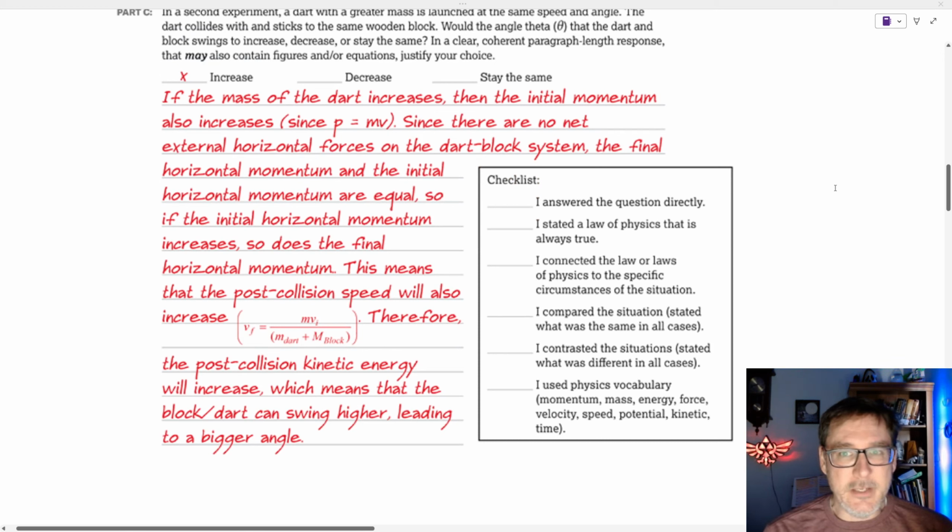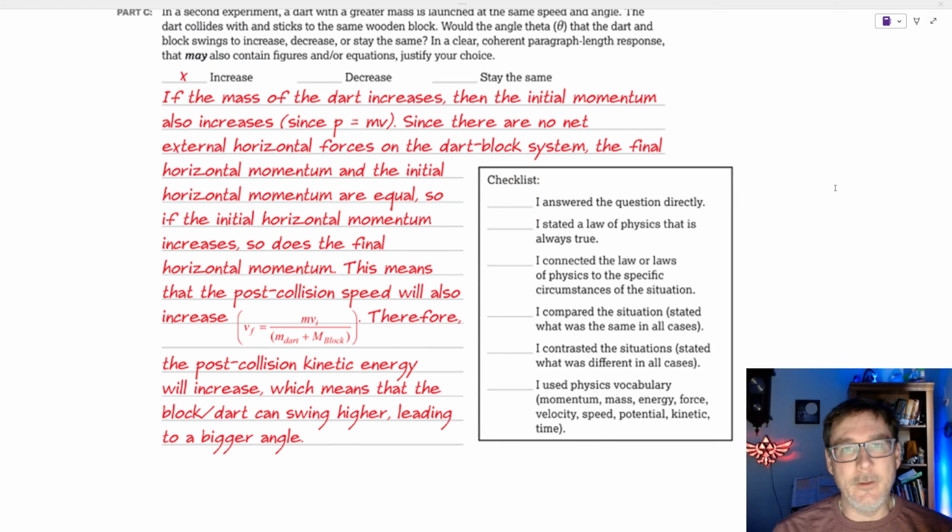So there's this checklist here that I think is very, very useful, and I mentioned it in the previous one. Answer the question, make sure you state any laws that apply, and connect those laws to the actual circumstances we're dealing with. Did you compare the situation? In this case, it's a before and after, right?